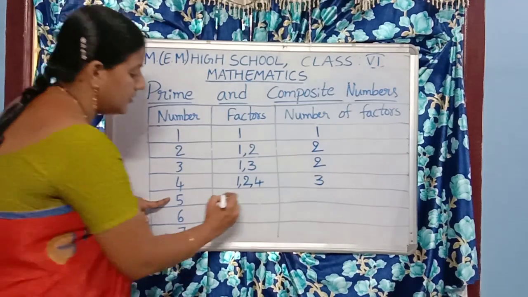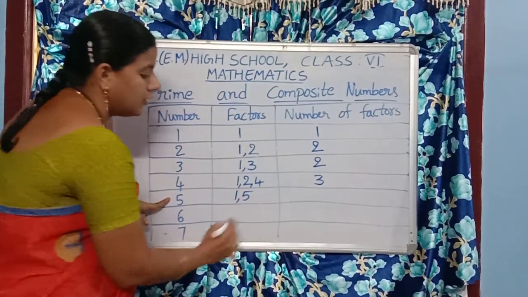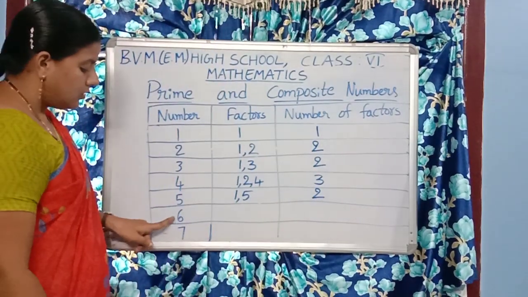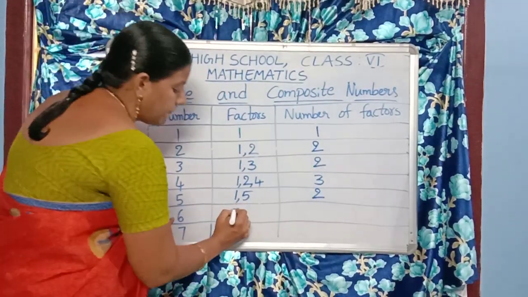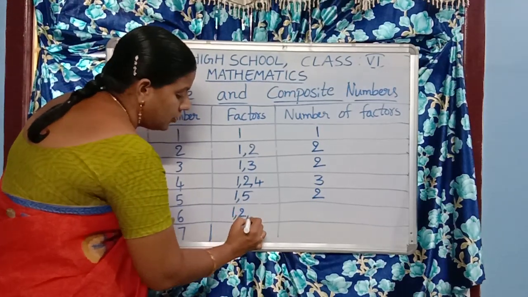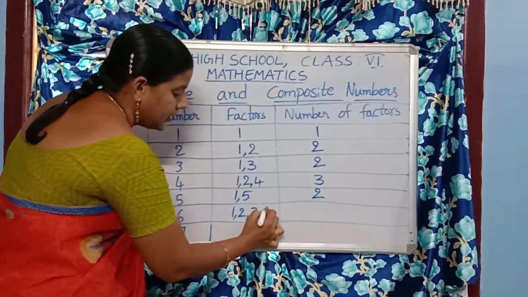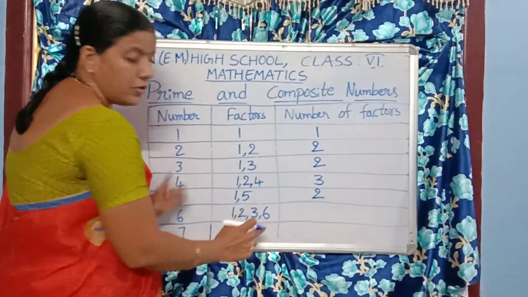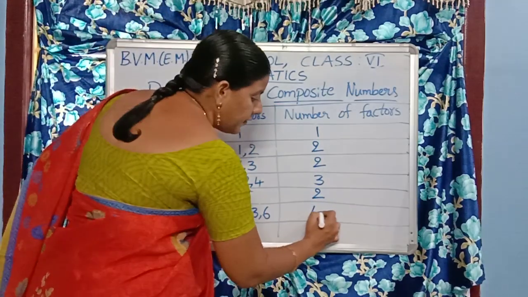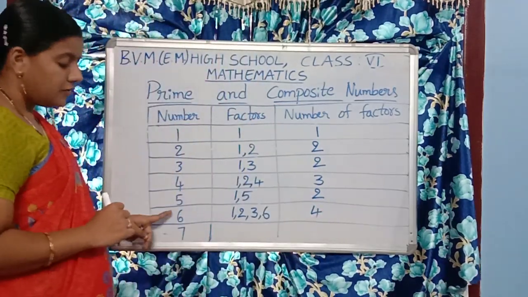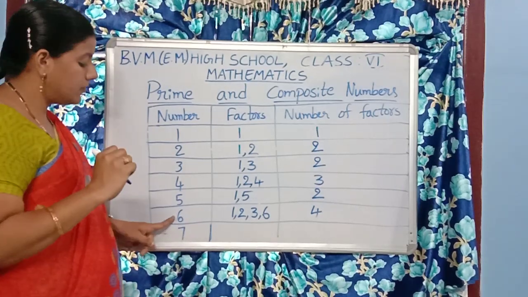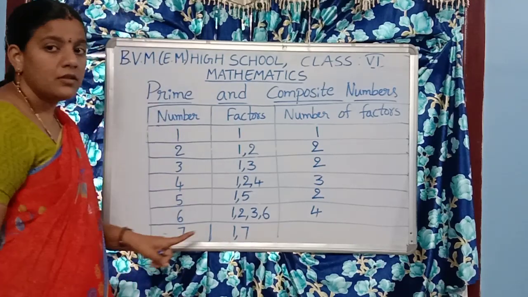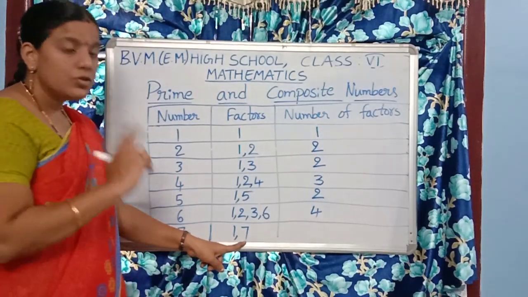Next, 5: 1, 5. 2 factors. 6: the factors are 1, 2, 3, 6. 4 factors. For 6, there are 4 factors. 7: 1, 7. 2 factors.